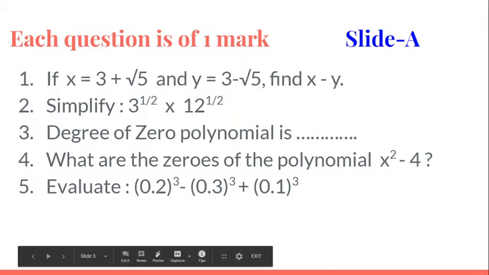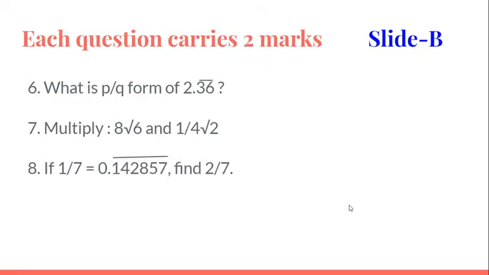Okay, so now let me give you slide 2. Okay, I am giving you slide 2. I have noted the question, and this is your slide B. What is P by Q form of 2.36 bar?